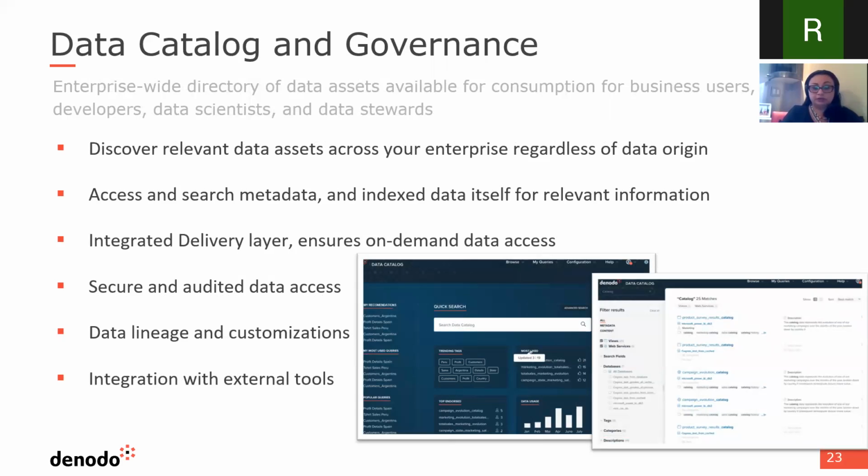Based on the history of usage, and what the user has been searching for in the past, Denodo will provide recommendations, saying: you've been searching for financial information for the customers, and there is a new customer artifact, a new view of the customer that has been created, which also has some campaign information.